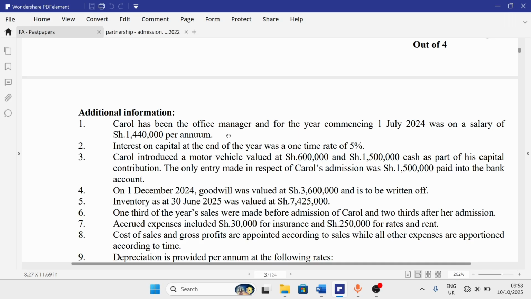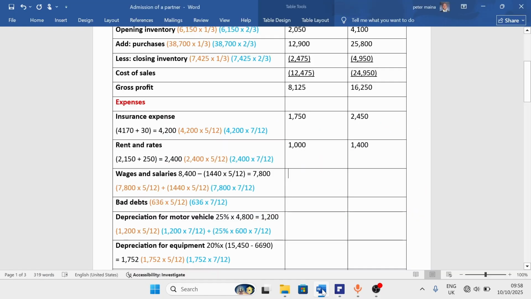Instead, it should be included in the appropriation part. So how much salary was Carol paid for the first 5 months before she was admitted as a partner? So note that the 1440 is for 1 year per annum. So you just need to take 1440, you divide by 12 to get the salary per month. And then you multiply what you get with 5 to get the salary for 5 months.